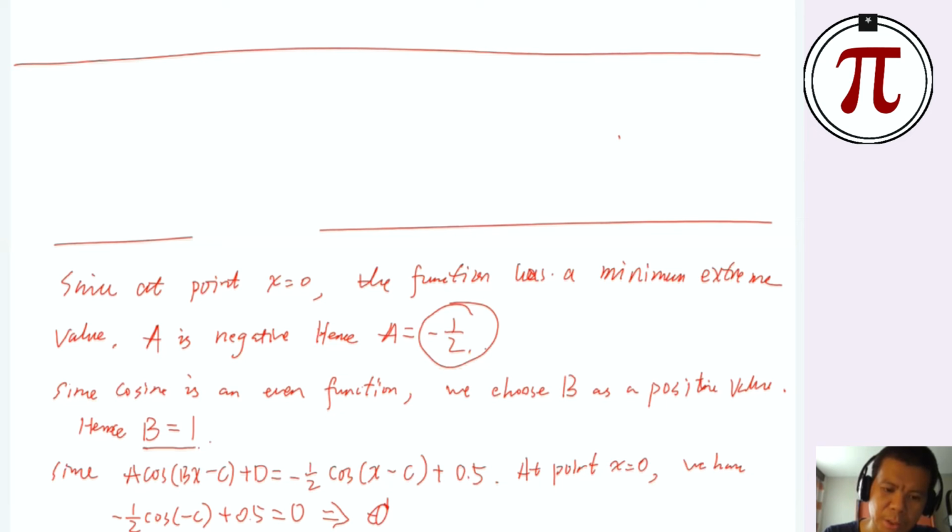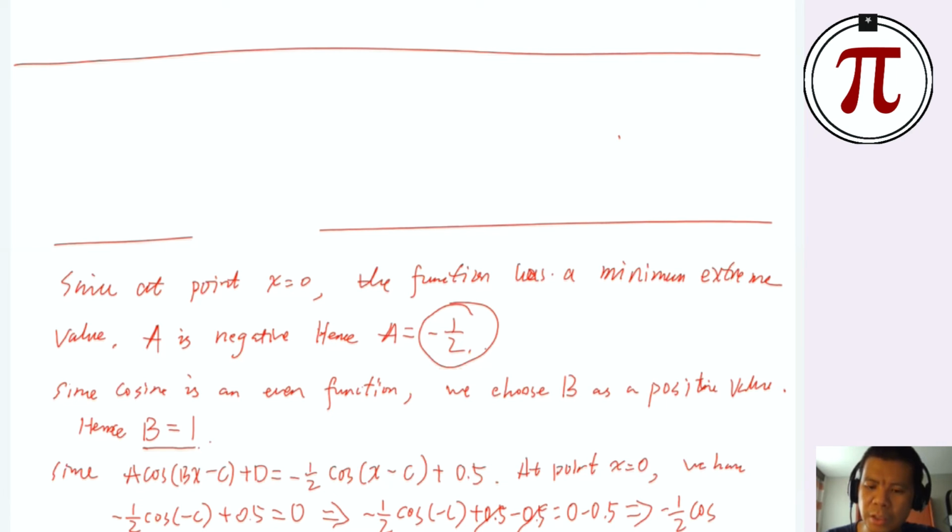So negative 1/2 cosine of negative c plus 0.5 equals 0. If we subtract 0.5 on both sides, the plus 0.5 minus 0.5 cancels out. So negative 1/2 cosine of negative c equals negative 1/2. Is that right?